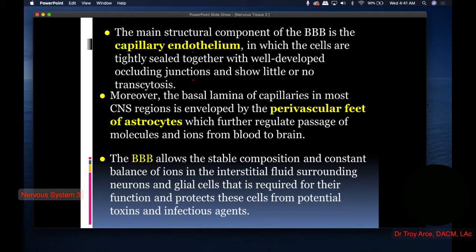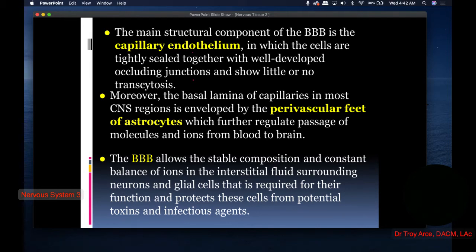And the perivascular feet of astrocytes further regulate passage of molecules and ions from the blood to the brain. So there you have one function of the astrocytes, and we need to know that astrocytes are within the central nervous system, and are one of 4 cells, and you'll be required to name the other 3.